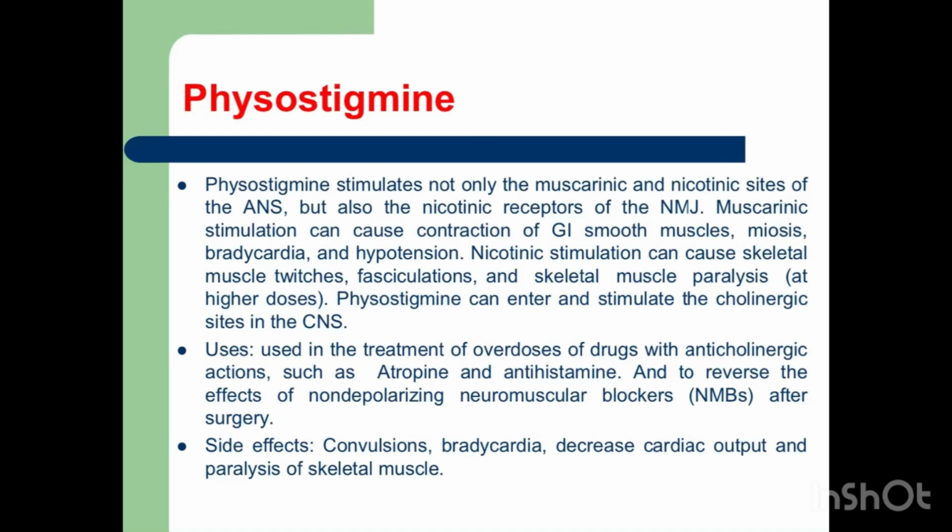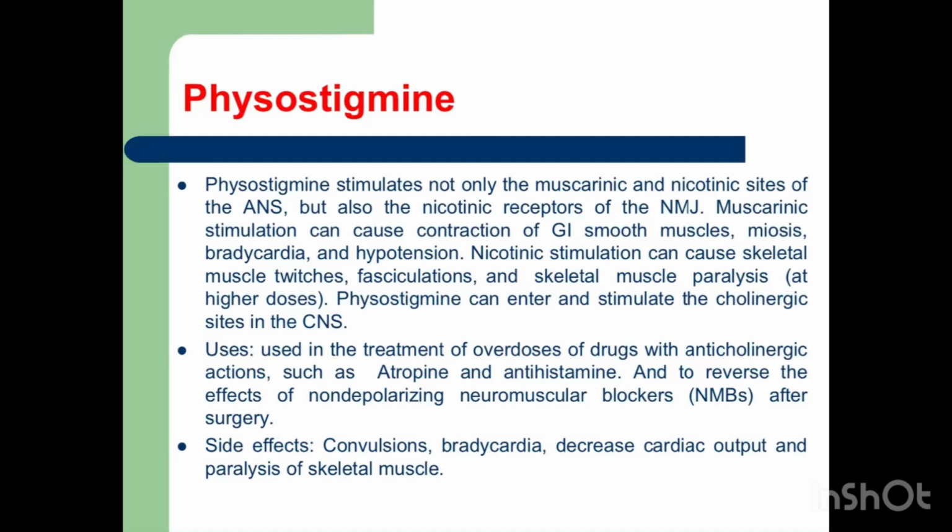Since it crosses the blood-brain barrier, it is metabolized by the liver. The half-life lasts about 15 to 40 minutes, so let's just say less than 1 hour, or in some textbooks 1 to 2 hours. What are the side effects?